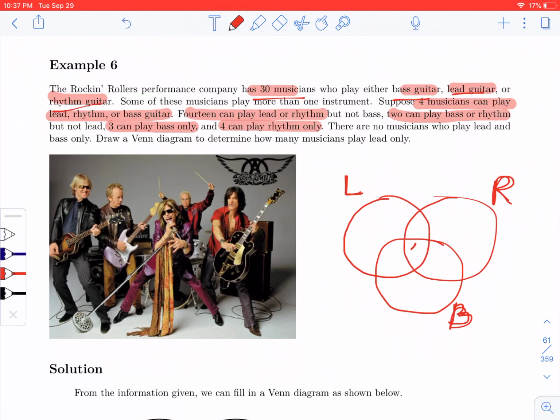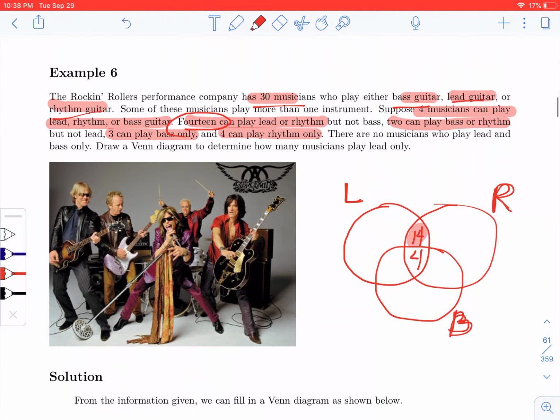So you put that 4 in the dead center because they are part of all 3 groups. Then we say, okay, we got 14 that can play lead or rhythm, but no bass. So they go in that spot above, yeah? 14 in lead and rhythm, but not bass. Okay.